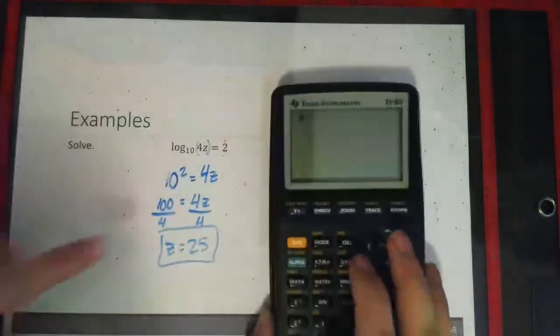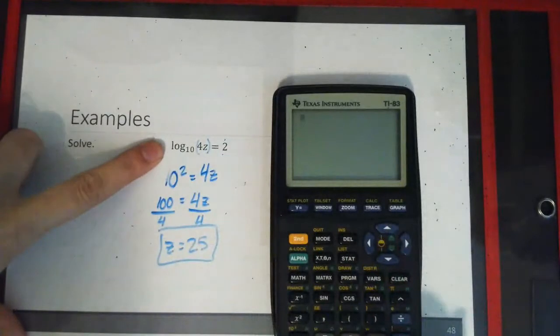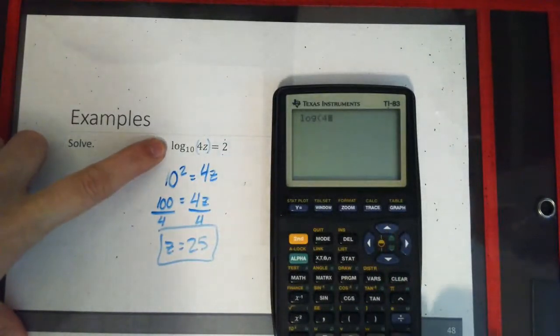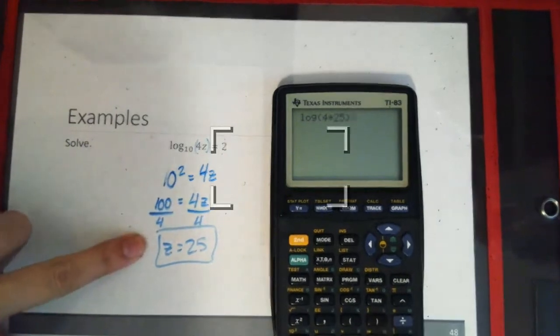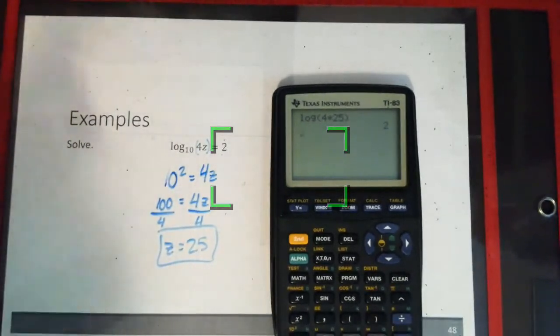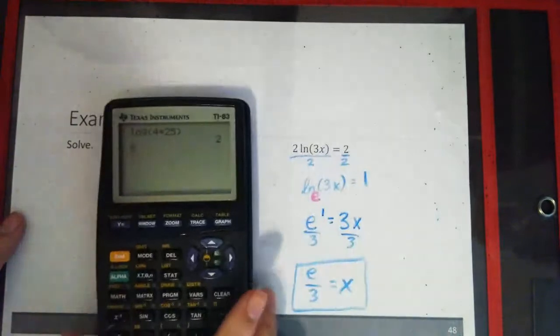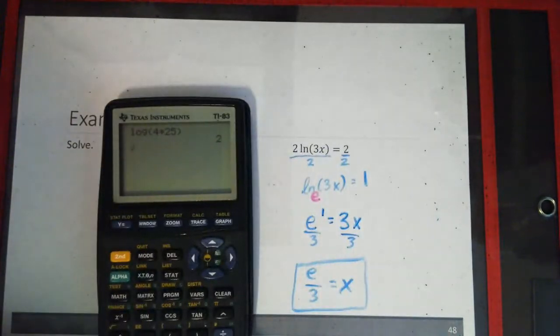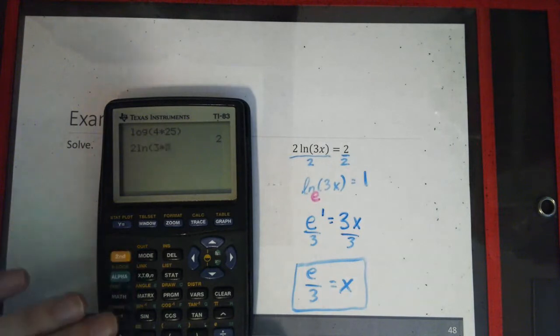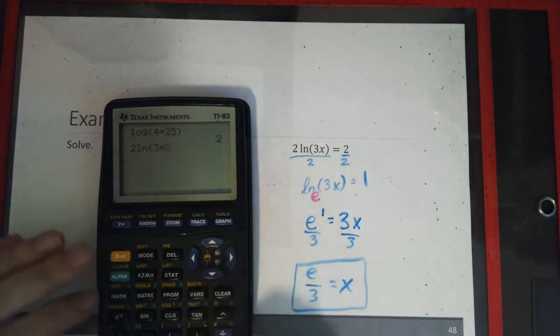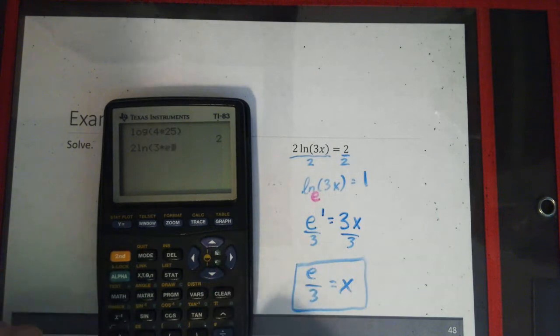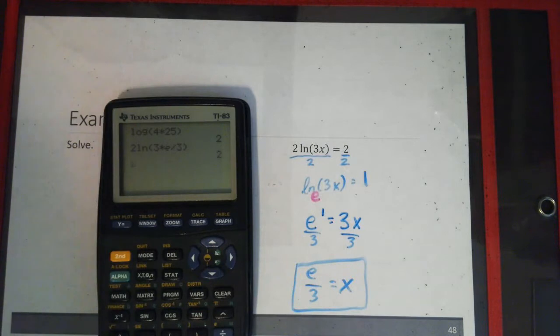So over here we have log base 10, that's just a common log, of 4 times my z value equals 2. So I know that one's right. Over here, plugging into the original, I have 2 times the natural log of 3 times, oh, nope, I actually have a regular old e button. e divided by 3 is equal to 2.